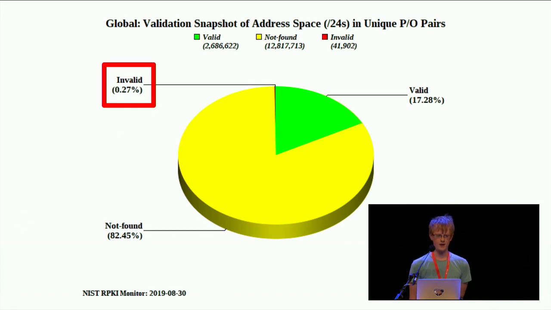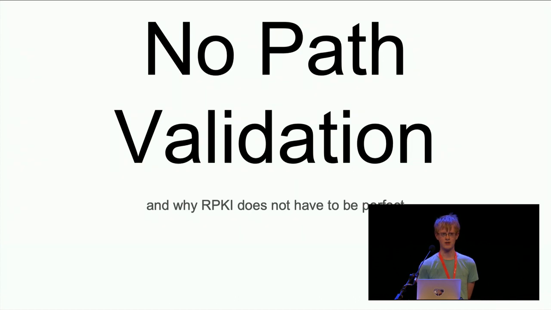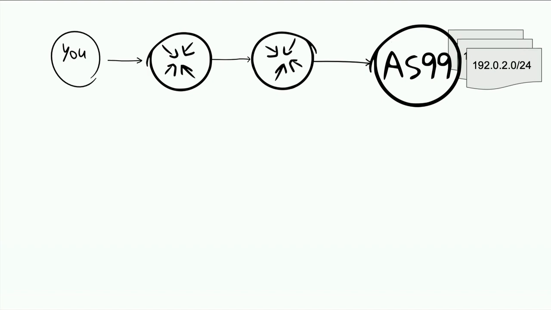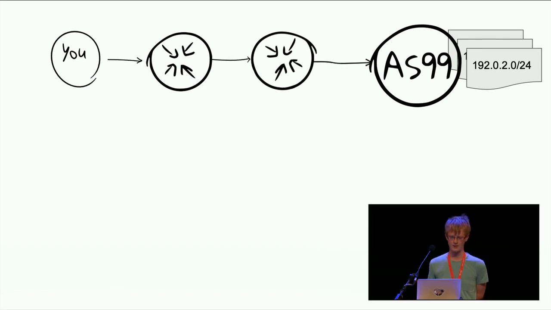The second thing, while presenting this at another place, was that RPKI is not very good because it has no path validation. And this is a separate thing. It's actually a pretty valid criticism. To understand why this is a problem, I can briefly explain in the infamous wavy diagram. So you have a few networks in the middle.